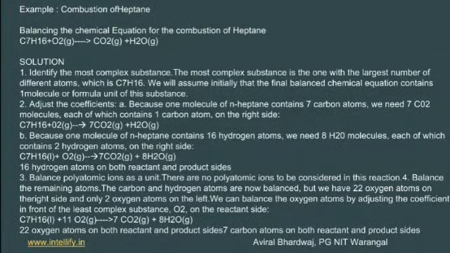So 2 is on the left side and 10 is on the right side. So balance the left side with 11, so the total is 22 oxygens on both the reactant and the product side. So C7H16 plus 11 O2 gives 7 CO2 plus 8 H2O. So that is the answer.